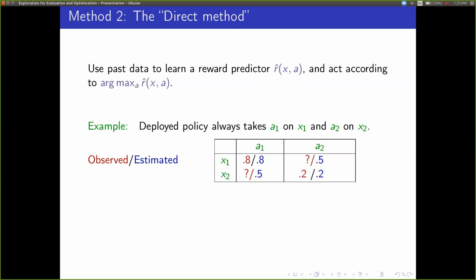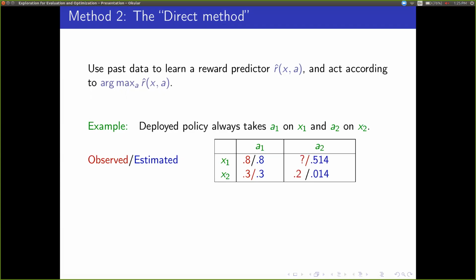Then maybe you deploy this. The predicted reward for A1 given X2 is 0.5, while the predicted reward for A2 is 0.2, so you'll play A1. Then maybe you observe 0.3 when you play it, and maybe you retrain.